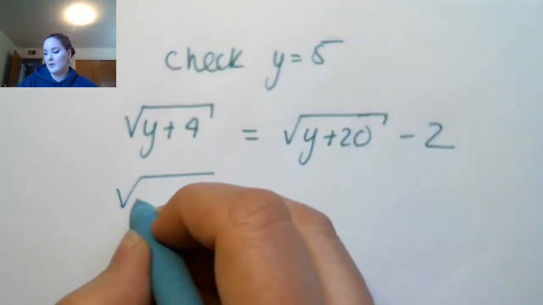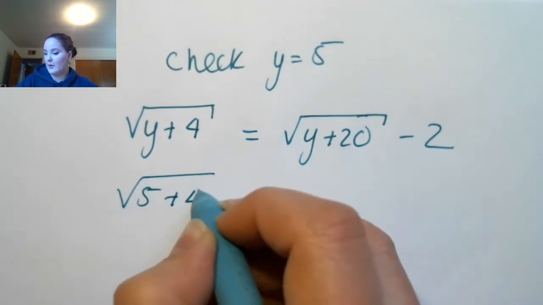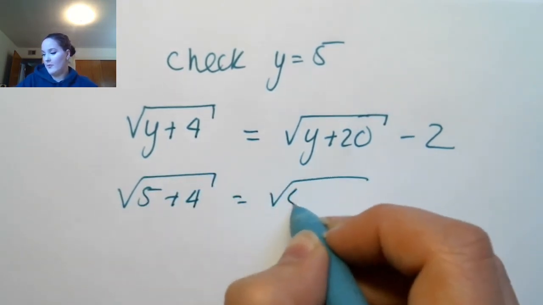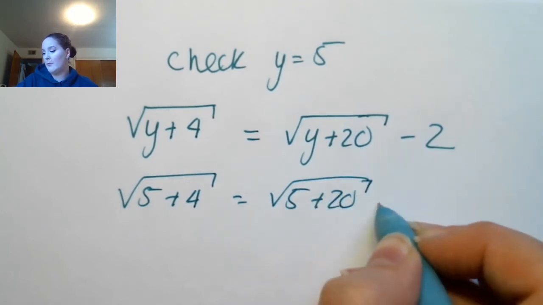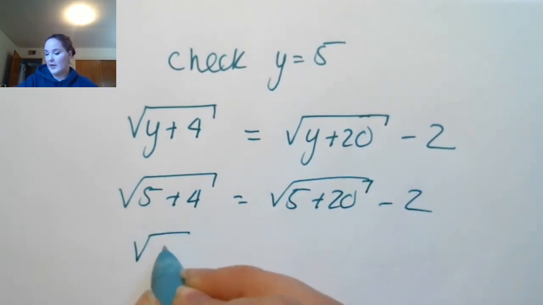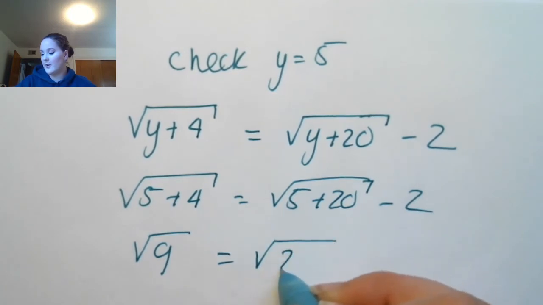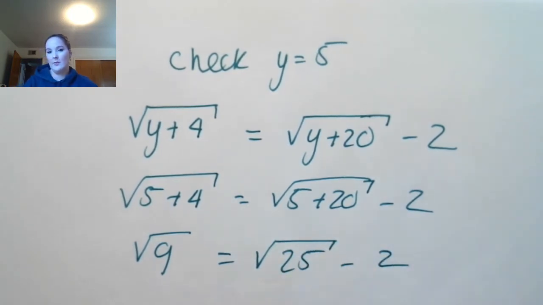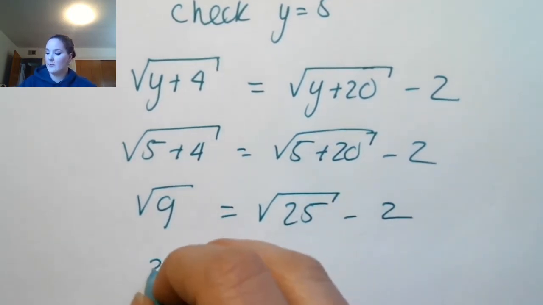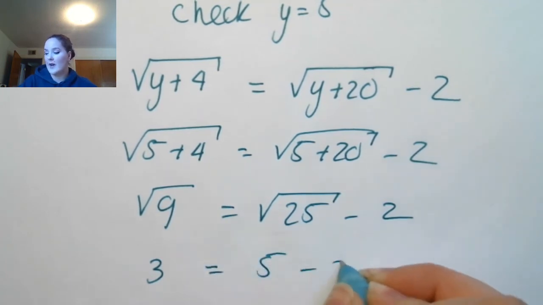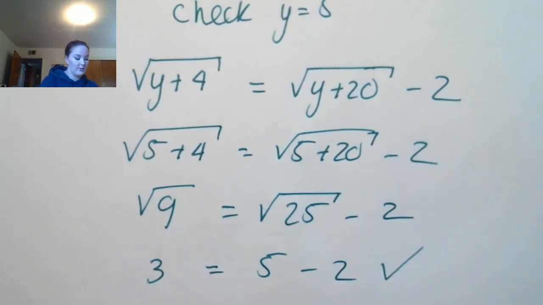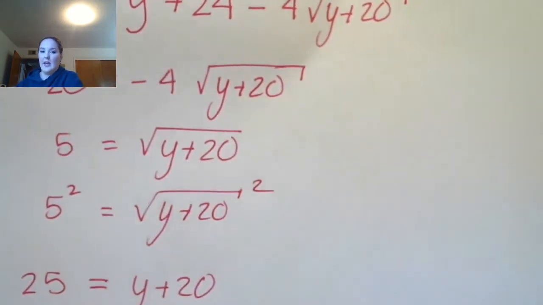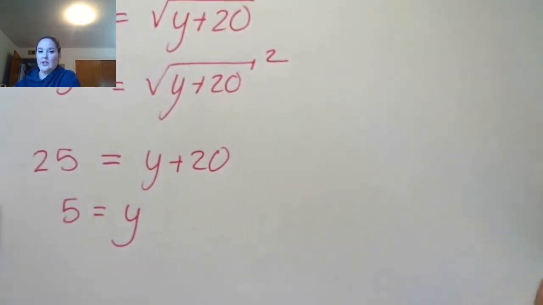So this is going to give me root of 5 plus 4 equals root of 5 plus 20 minus 2. So root 9 equals root 25 minus 2. Root 9 is 3, equals 5 minus 2. That's true. So this is a real solution to this equation.